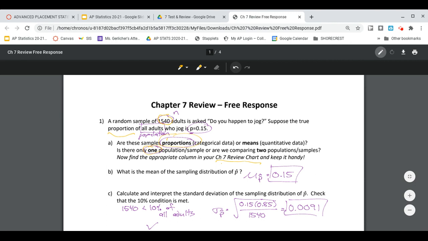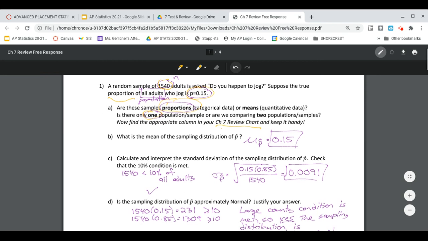So all adults is our population, which is a lot. There's millions of adults in the world, billions of adults in the world. And then they gave us our population proportion. Notice it's P, not P hat. So by that notation, we know it's our population proportion. And they said it's the true proportion of all adults. Okay, so we got all that figured out.